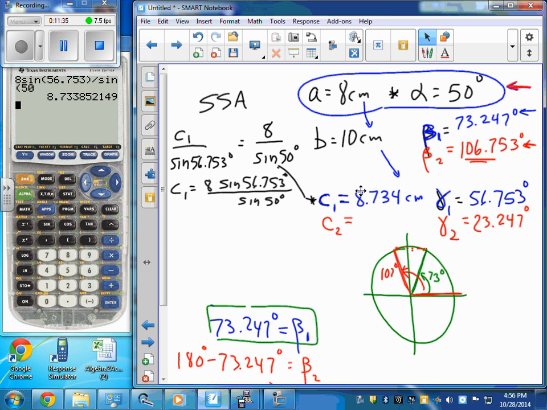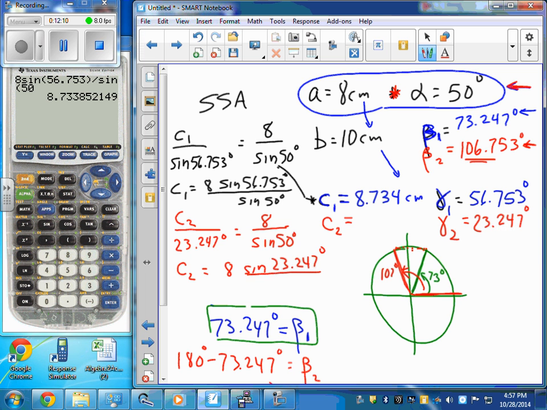Okay, for C2, I'll grab the red pen here. C2 over its angle, 23.247 degrees, will be the same as 8 over the sine of 50. Again, I'm going to always go back to this original given, if given a choice, and not really mess with the rounded values of beta. But I get C2 will be 8 times the sine of 23.247 degrees divided by the sine of 50 degrees.